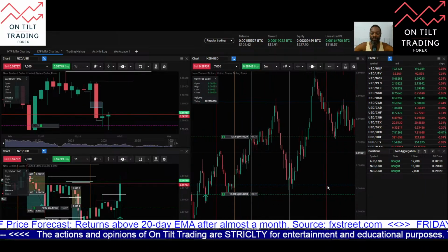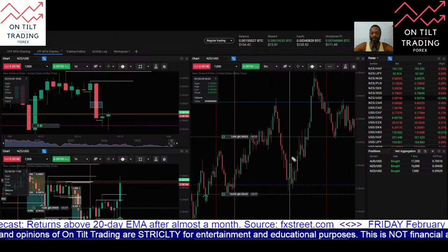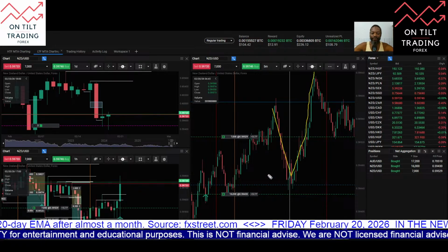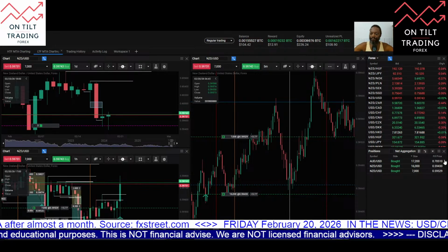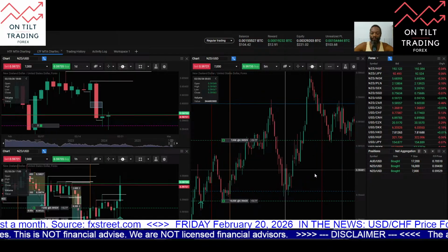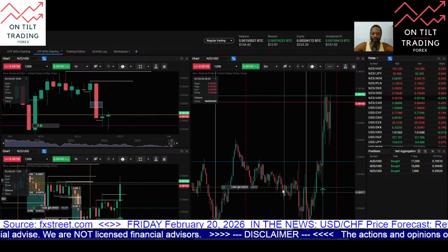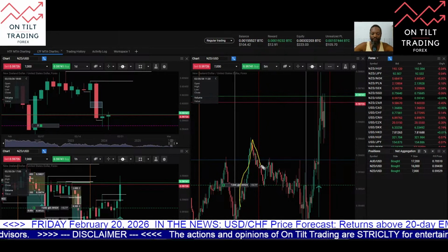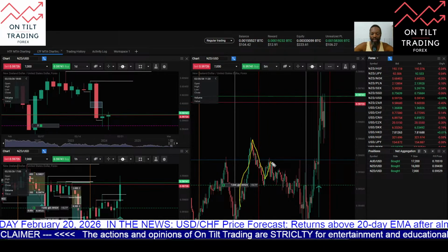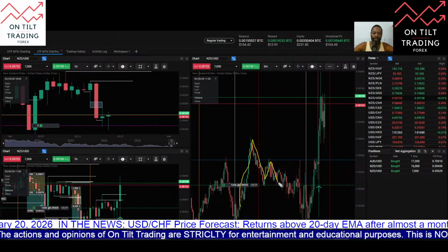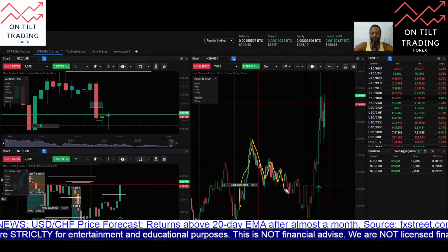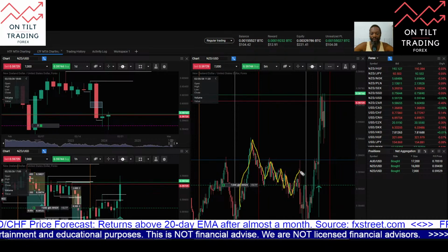And then you can see price trade lower, then put in a higher high here. And since then you can see price put in that high, put in a higher low, lower high, higher low, lower high, lower low, lower high, lower low, higher high.